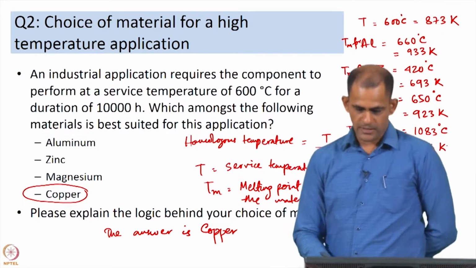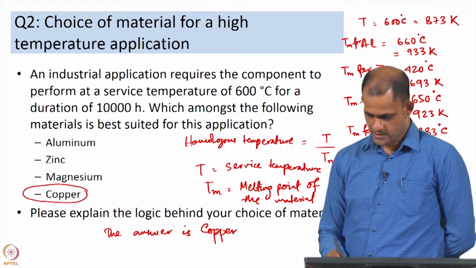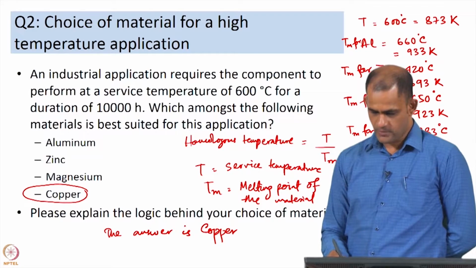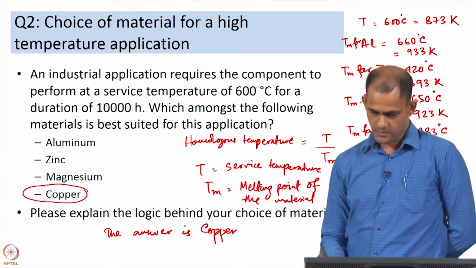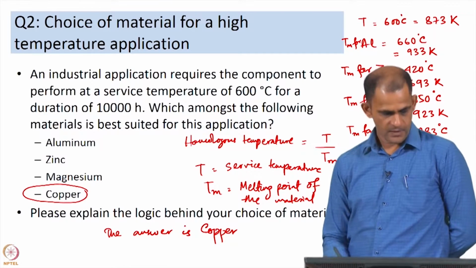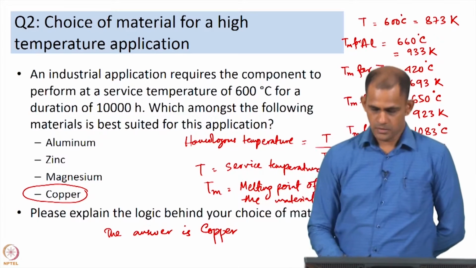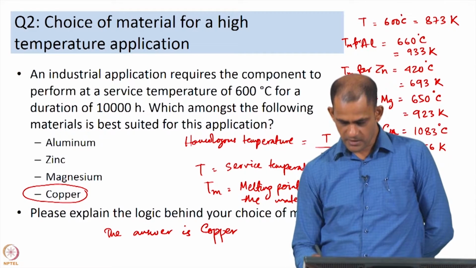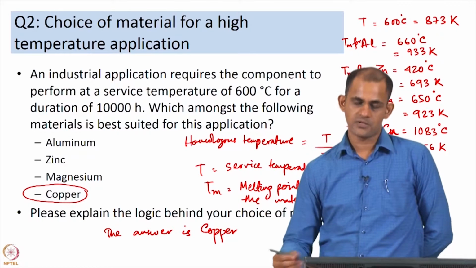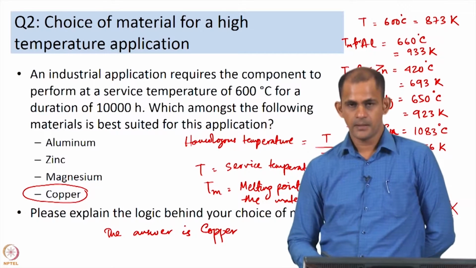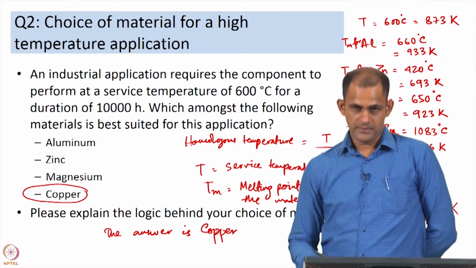So, if you now calculate for each of the metals the homologous temperature, you will find for aluminum the homologous temperature is 0.93, for zinc it is 1.25, for magnesium it is 0.94, and for copper it is 0.64. So, zinc, clearly the service temperature is higher than its melting point, which means zinc is going to melt at that service temperature and can automatically be ruled out for that application.